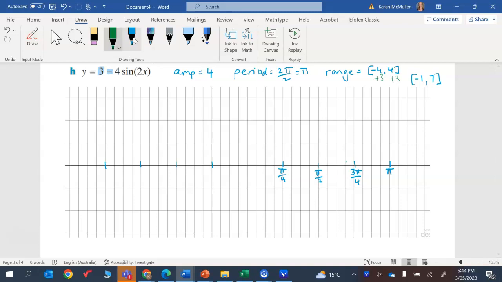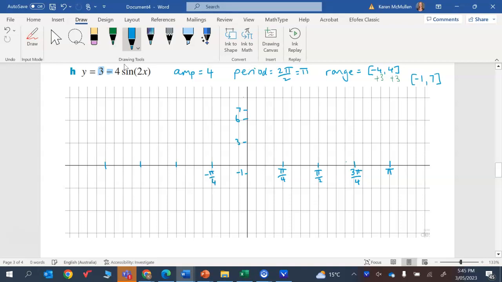Remember our range is -1 to 7, so my scale is not the best. Let's say we go up by 3. 3, 6, so 7 is probably around here. And then -1 is going to be around here. You can do your negatives on this side.